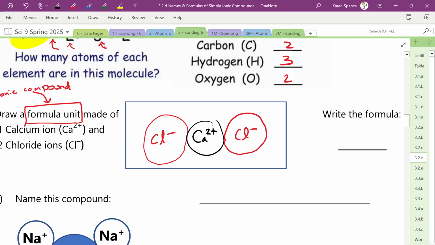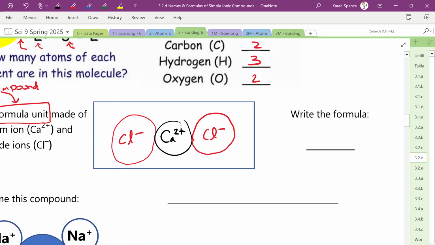What is the formula for a compound made of calcium and chlorine? See if you can tell your partner. Quick, quick, quick. Formula for this compound.